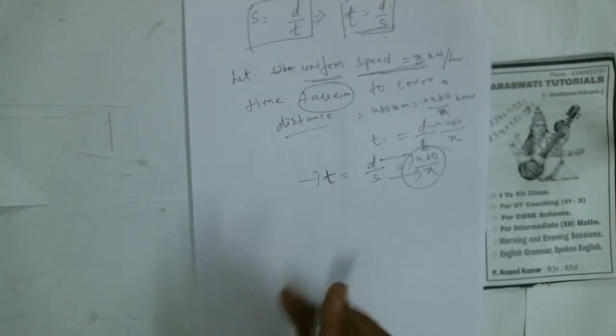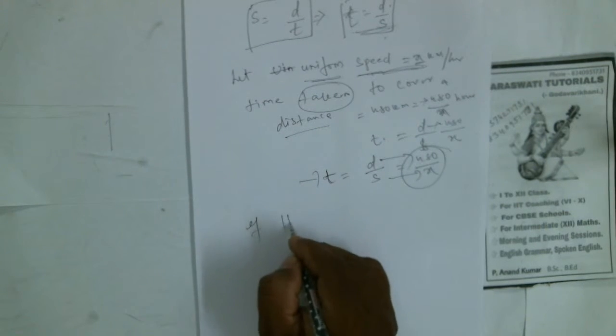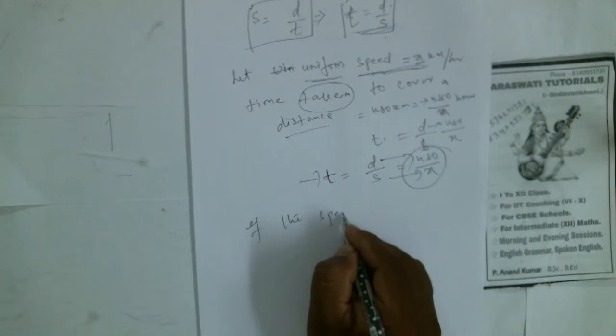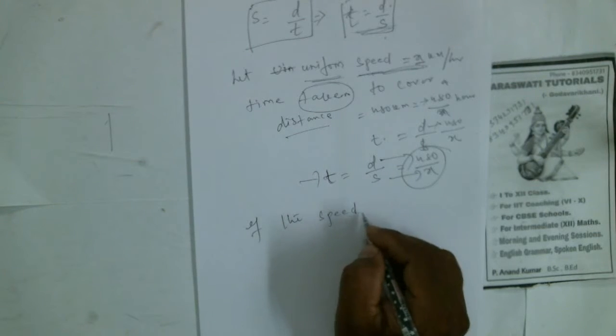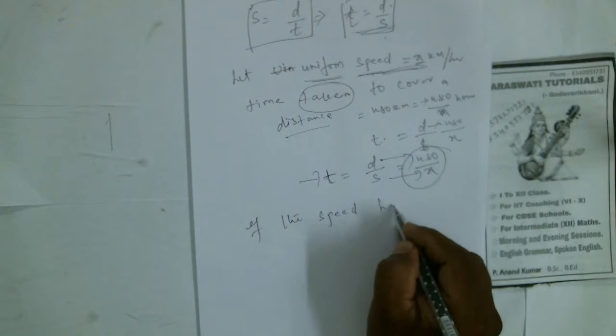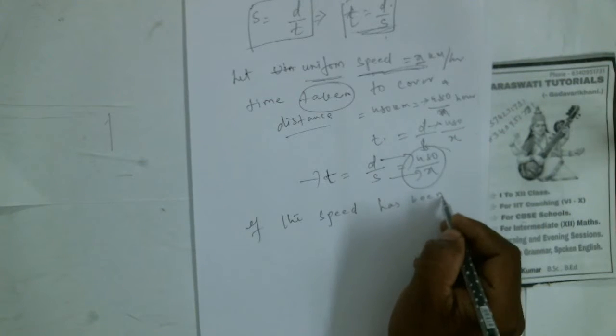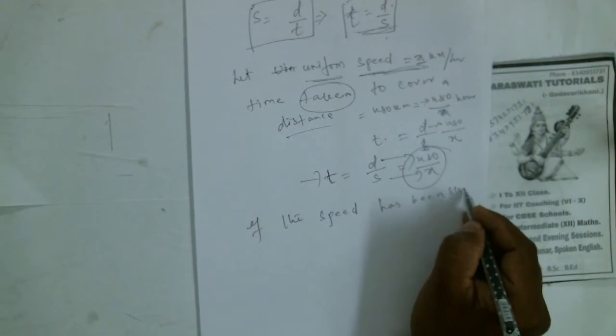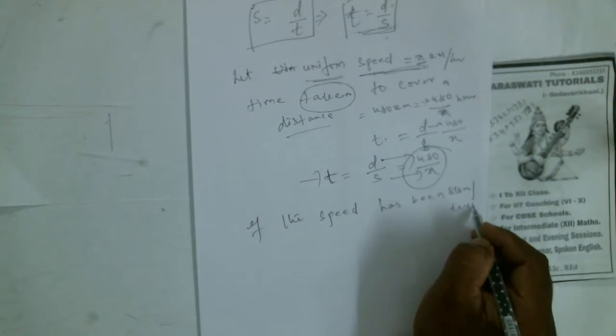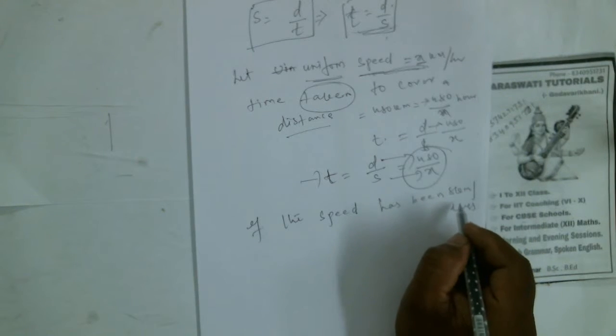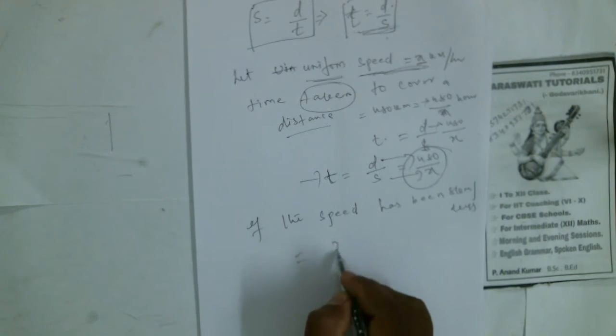And next, if the speed has been 8 kilometers less, okay, 8 kilometers less, then speed is equal to x minus 8.